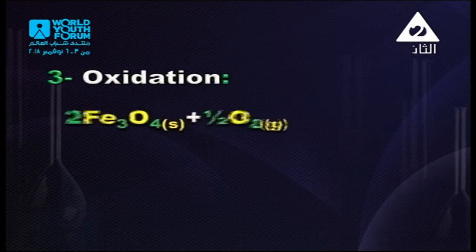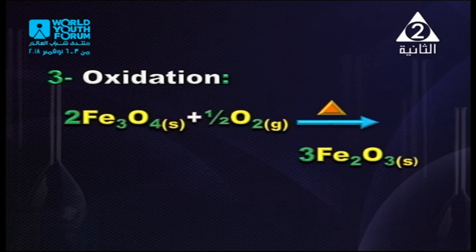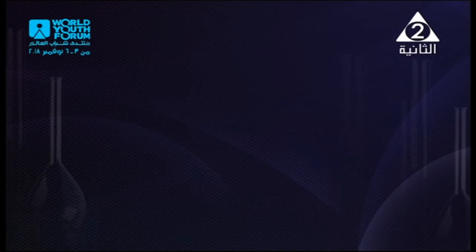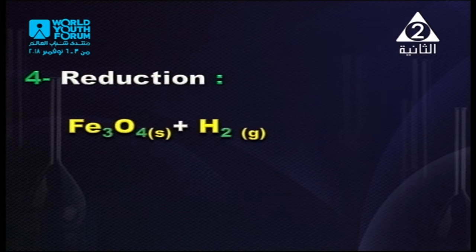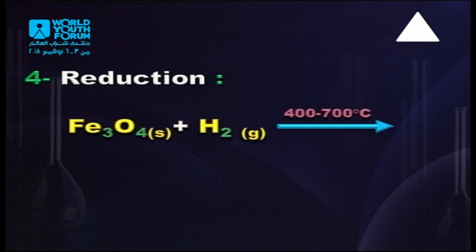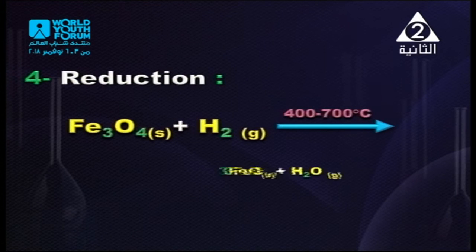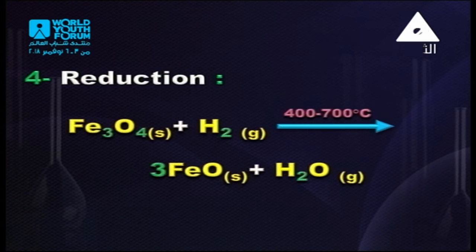The oxidation of magnetic iron oxide. When heating magnetic iron oxide in air, it gives iron 3 oxide. The reduction of magnetic iron oxide: Fe3O4 plus hydrogen, by heating from 400 degrees to 700 degrees Celsius, gives iron 2 oxide and water is produced.